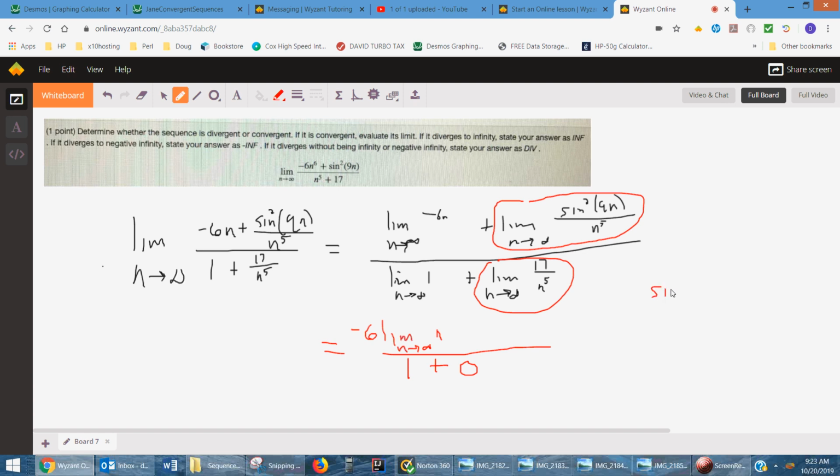So the sine squared of 9n has to be between, well, actually, let me take off the sine squared. Sine of 9n has to be between 1 and -1. And now if I divide every term by n to the 5th, and n is positive, I get this.